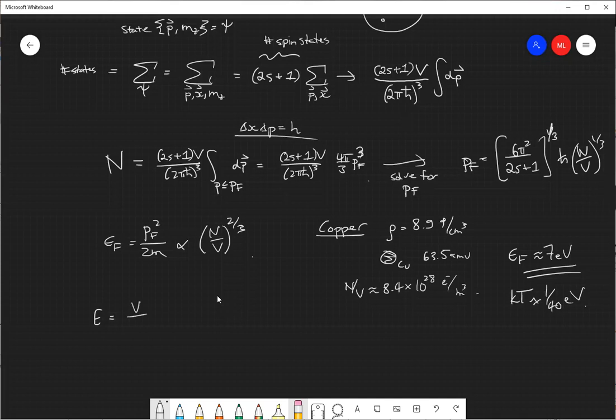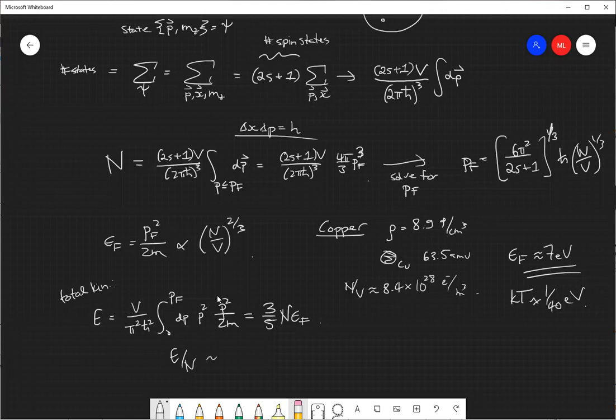So the total energy is V over pi squared h bar squared times, if you do the angular integration, the integral of p squared over 2m, just the kinetic energy. And what you'll find is that this is 3/5 times N times the Fermi energy. Remember, Fermi energy is just the largest kinetic energy you have. This is the total kinetic energy of your gas of particles. So you can calculate the energy per particle.